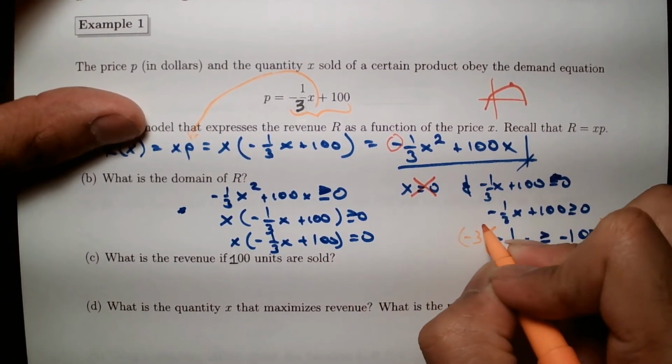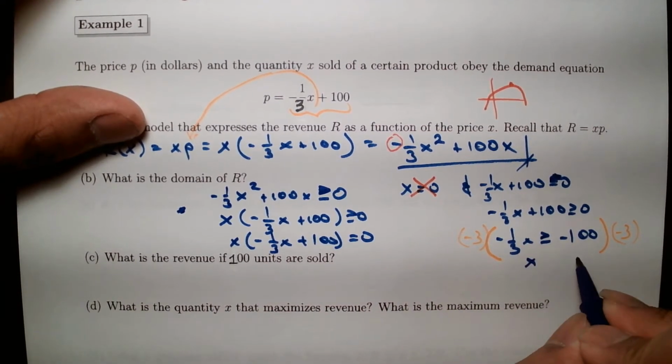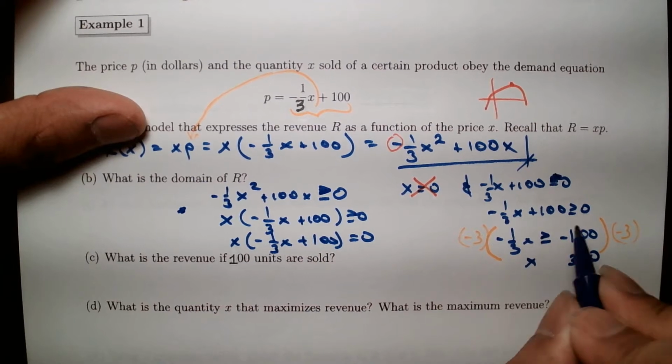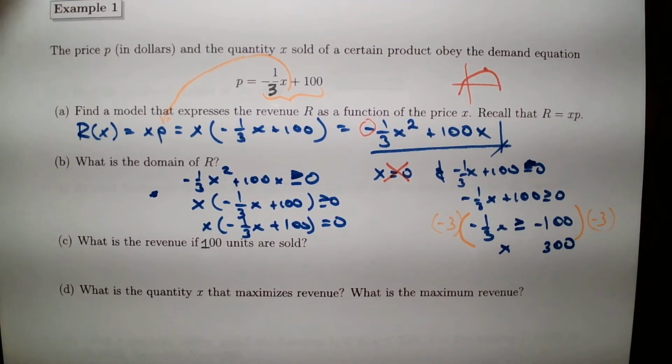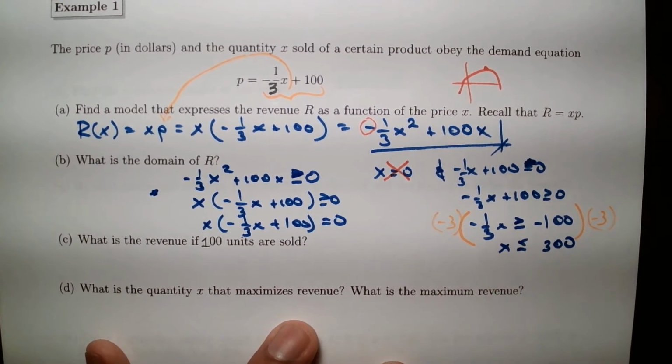Multiply both sides by negative 3 to get x by itself. So x is going to be 300, but keep in mind that when we multiply both sides of an inequality by a negative number, we reverse the inequality sign.